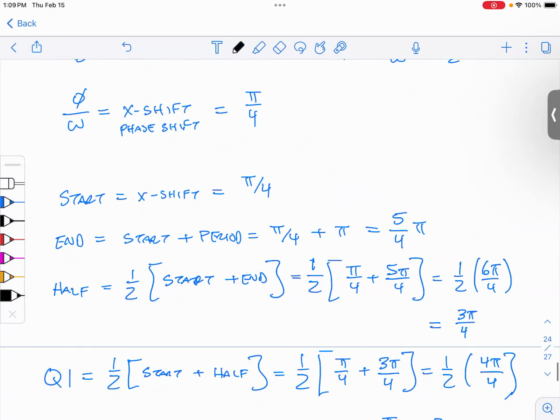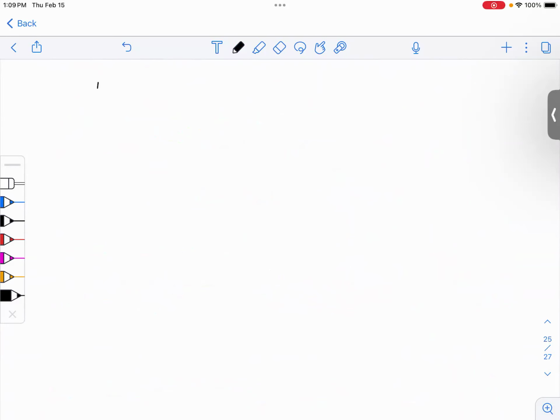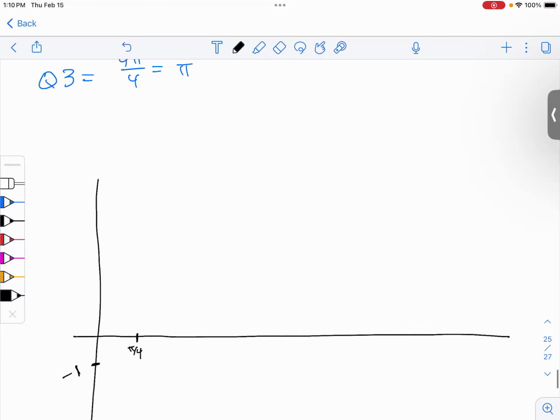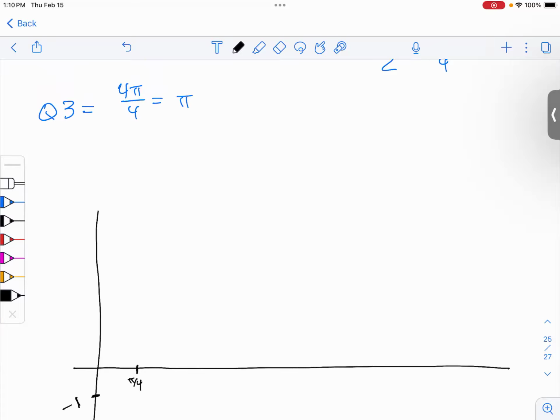Okay, so let's see, we start at pi over 4, so we're all in positive. And we're shifted down 1 and over pi over 4. And then what's the approximate shape of just the first period of the cosine graph?